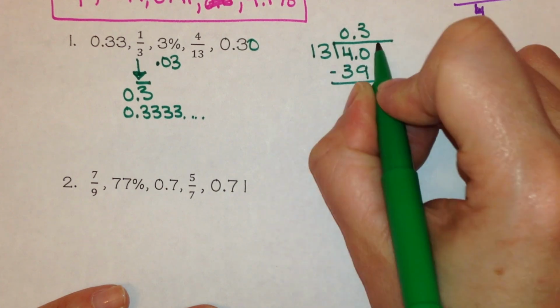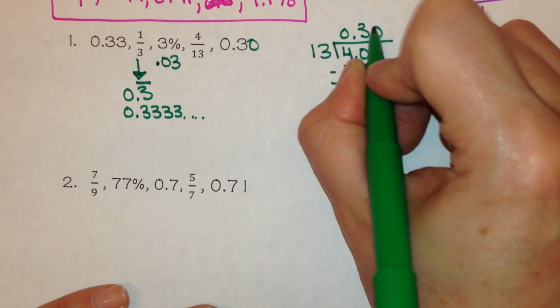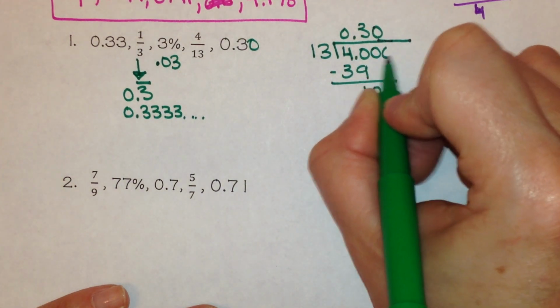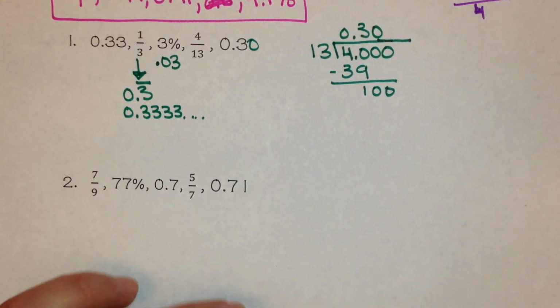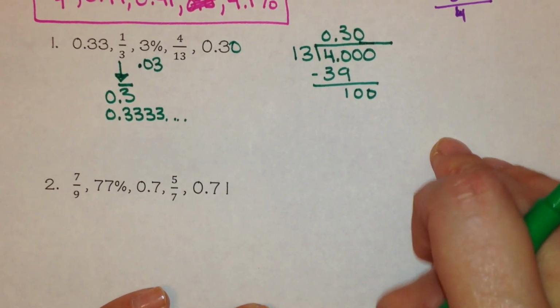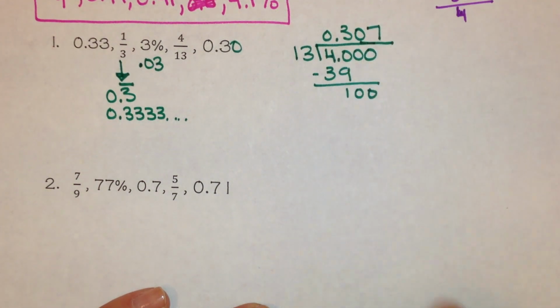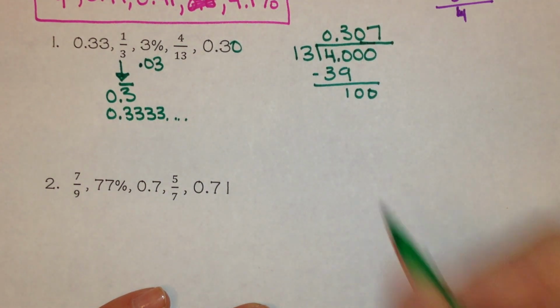Subtract, we get 1, add a 0, bring it down. 13 can't go into 10, so it goes in 0 times, meaning we add another 0, bring it down. All right, 13 goes in 100. You can do guess and check and multiply over here. But 13 times 7 gives us 91.